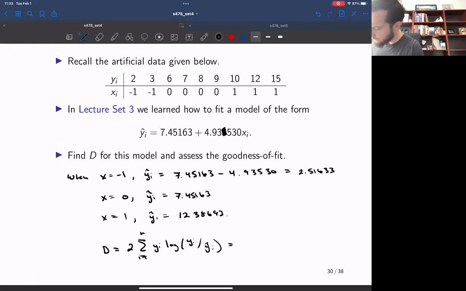Okay, so this is going to be, for example, 2 times, and then we would have 2 multiplied by log 2 over 2.51633.